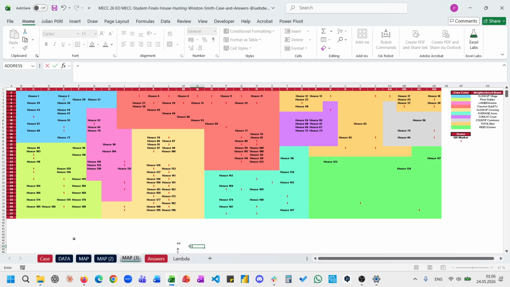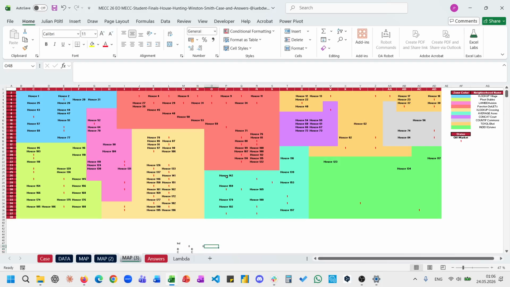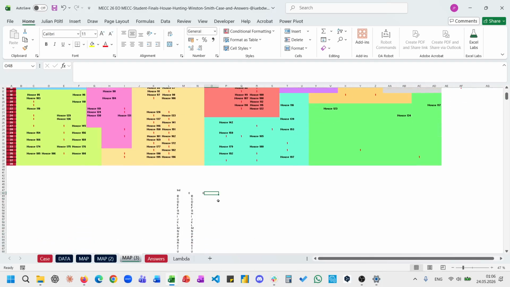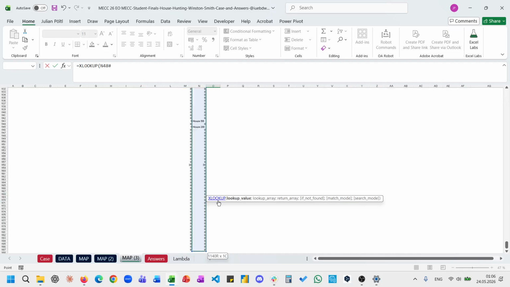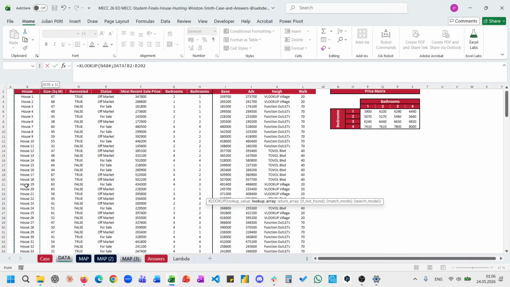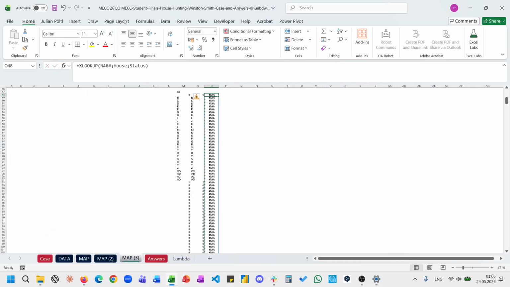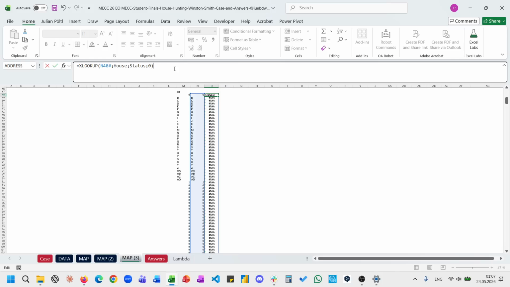Then let's take the flattened map with the house names. And then we say equals XLOOKUP in here for the houses, returning the status. And if it's not there, then it's always 0.